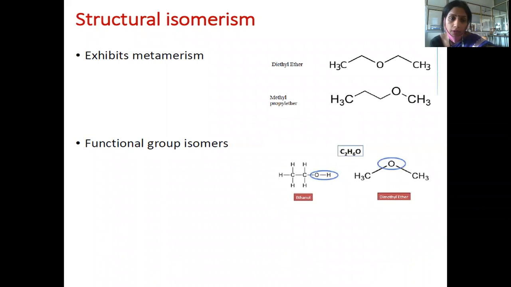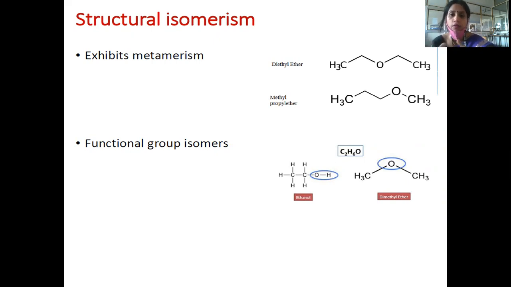Now if we see isomerism, yes, there does exist some isomerism in ethers. One is metamerism and the other is functional group isomerism. Metamerism means that on either side of the oxygen atom, different alkyl groups are present. It could be the same also, which will be called diethyl ether.